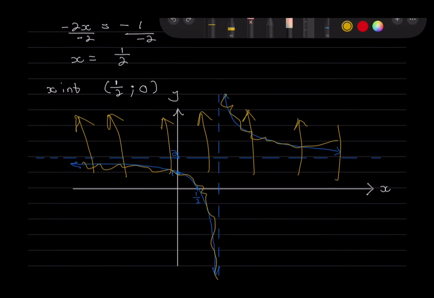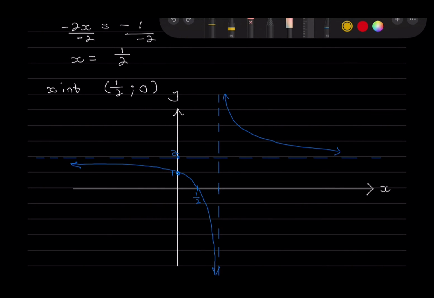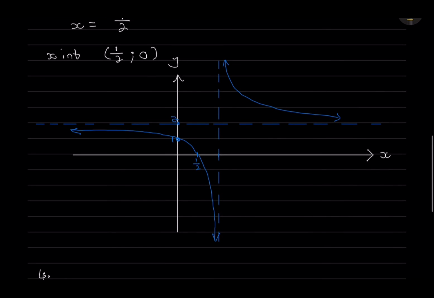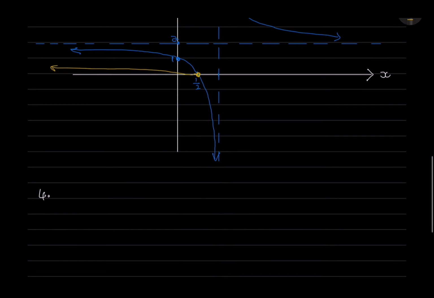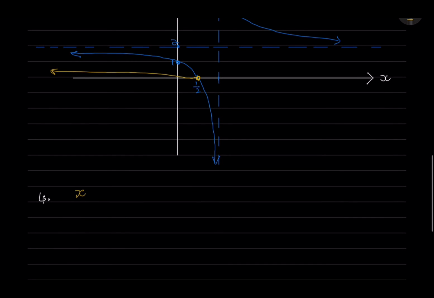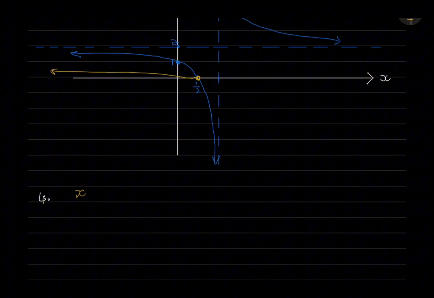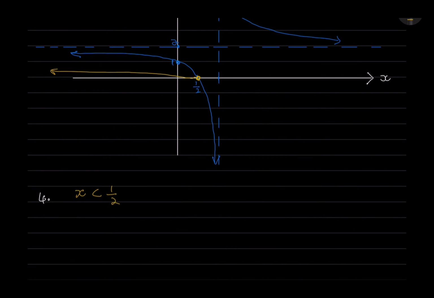So in this case, we can say our graph is greater than 0 where x is less than 1 over 2. That's the first one. x must be less than 1 over 2.